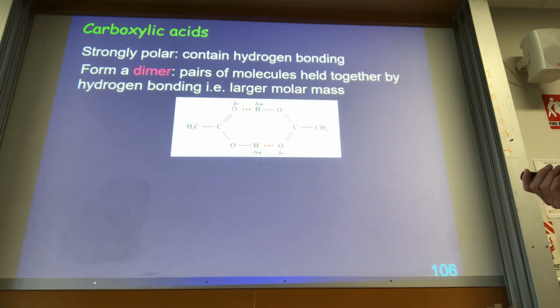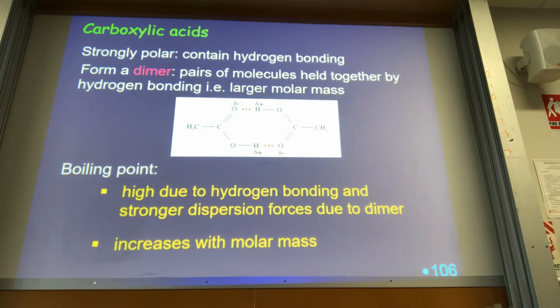So the oxygen, the carbonyl group on one, forms a hydrogen bond with a proton on another, and vice versa. So that's a reasonably stable arrangement, and it effectively gives the unit a higher molar mass, therefore higher boiling point. Boiling point, of course, increases with molar mass, like with everything.